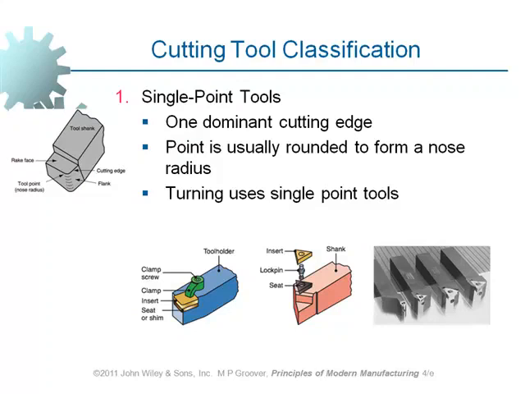And here we can see, in this slide, a number of different types of single cutting tools which are often used in turning operations. There are different types of cutting tools. For example, this one here, as you can see, the whole cutting tool is made of the same type of material, which is the case for high-speed steel cutting tools.